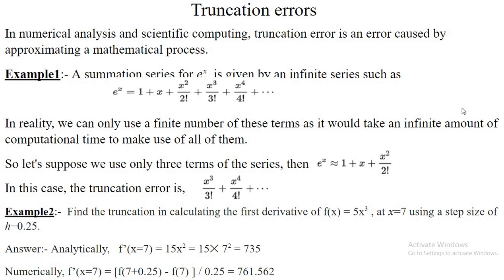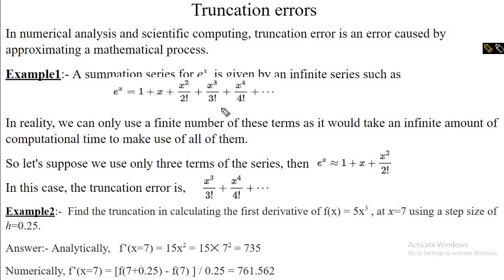Up to which term you approximate will depend on the user and on the particular problem. Here we are just truncating the higher order terms. Up to this term we consider, and the higher order terms are neglected. If you are doing this, you are really adding a truncation error in the system. You are truncating up to this part, so you are adding some error.